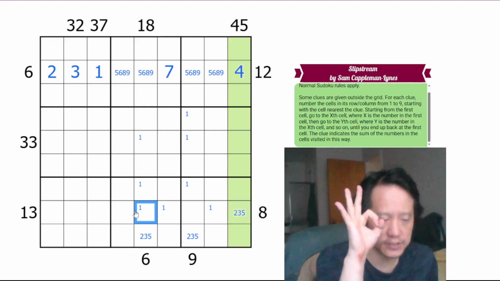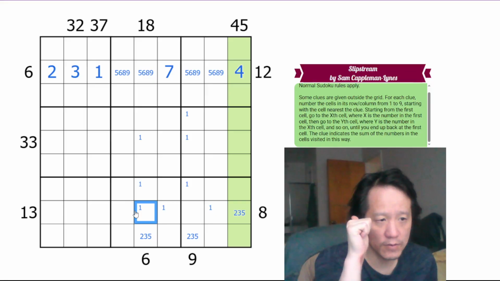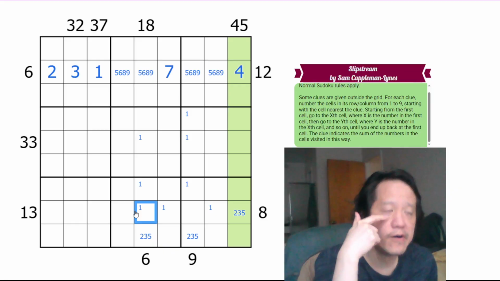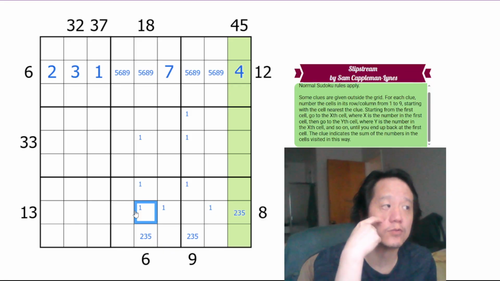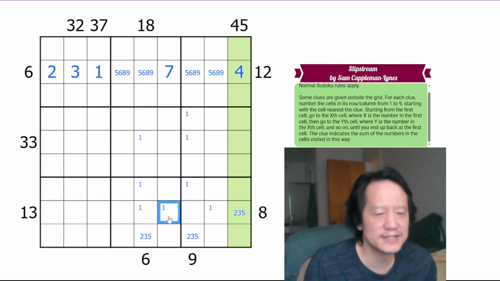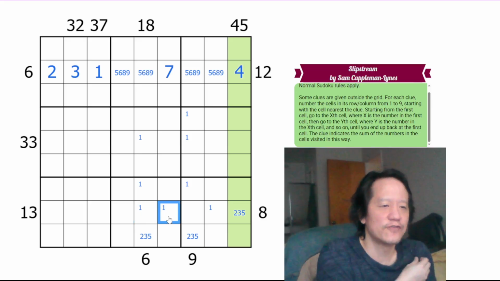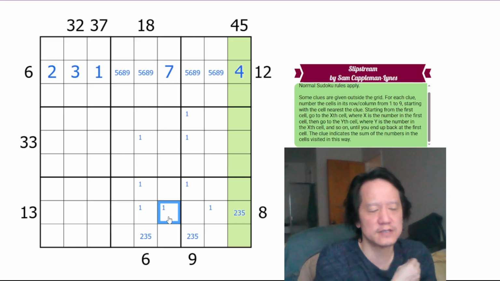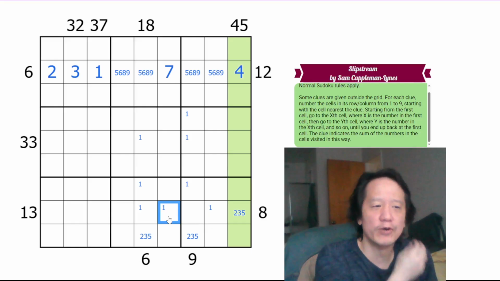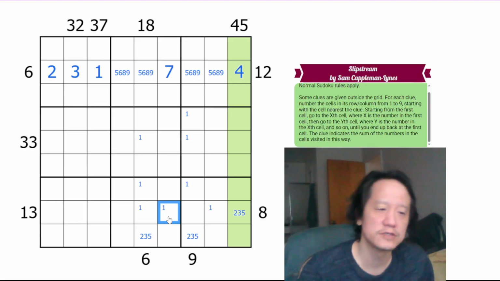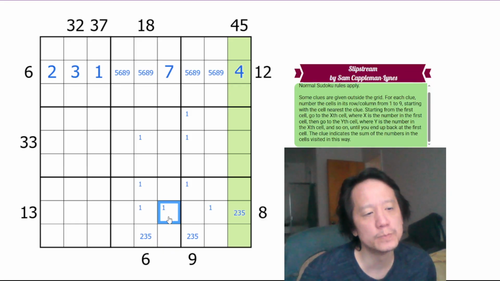For 3 digits, it could be 1, 5, and 7. For 6, it doesn't work, right? If this is 6, you would have to be 1, 6, and 6. Oh wait, no, you could be 1, 2, 4, and 6. Okay.